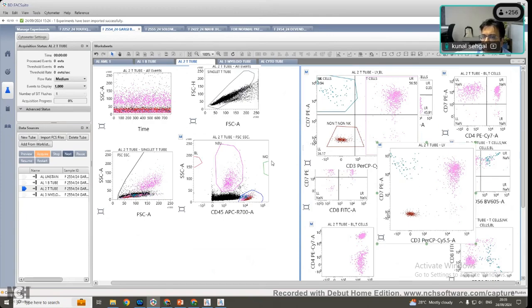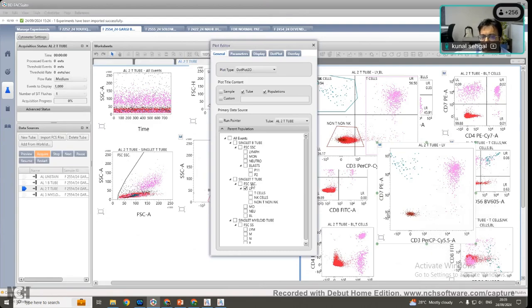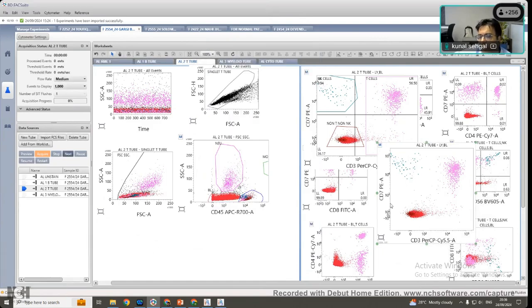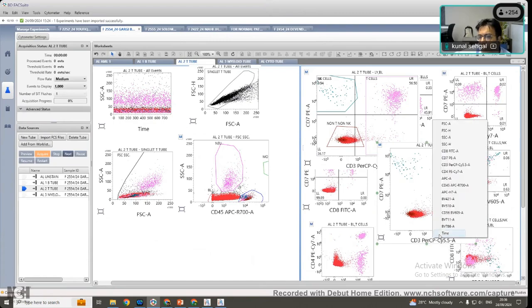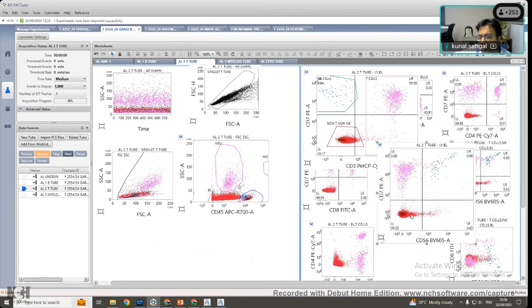Correct? Now, if I put a gate on the blast, I know my internal controls are working. And I say, show me the blast also in this sample. I'll see the blast now. Now you can confidently say my red color population is negative for CD7, negative for CD3. What is the expression of CD56? Practically negative.